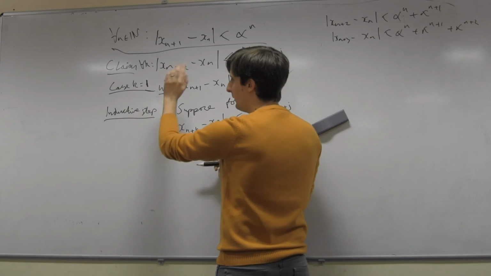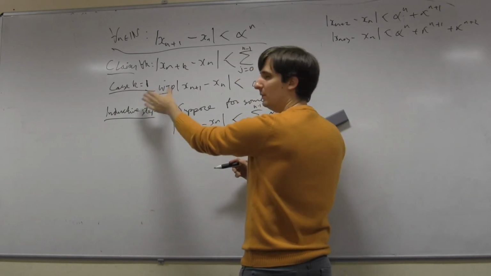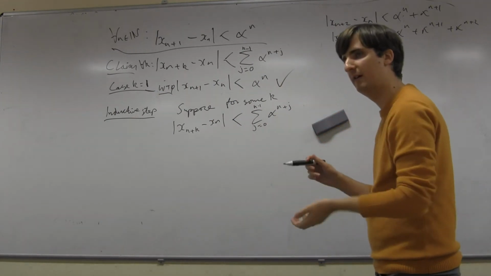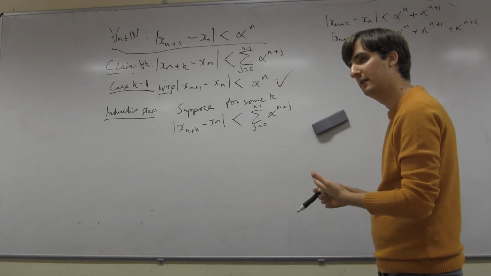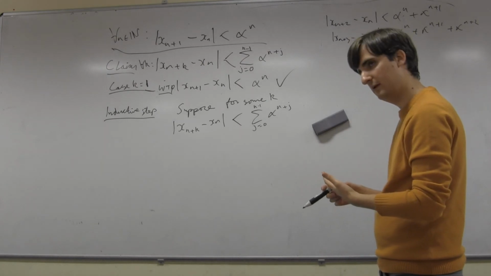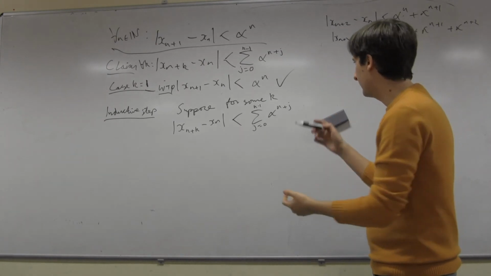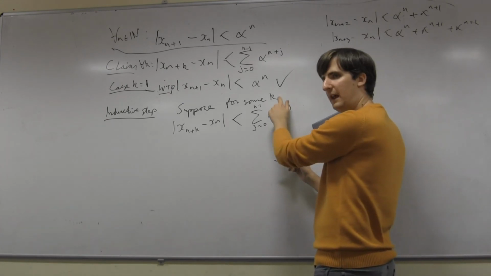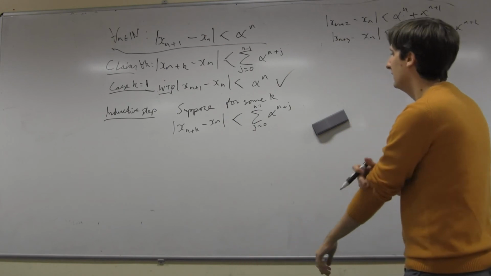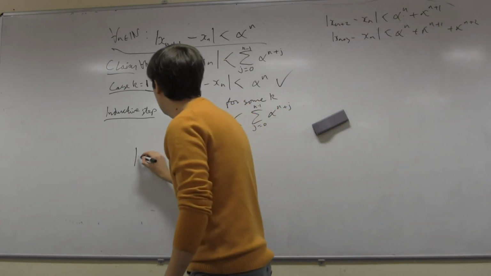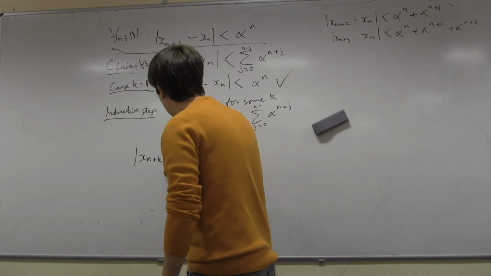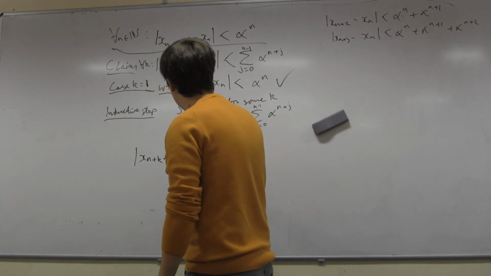But when we're proving something by induction, we do the base case and the inductive step. What do we want to prove there? If it is true for 1 and we assume that it's true for n, then we need to prove that it is true for n plus 1. So here we're assuming it's true for k, and we want to prove that it's true for k plus 1. So what is x_{n+k+1} minus x_n?